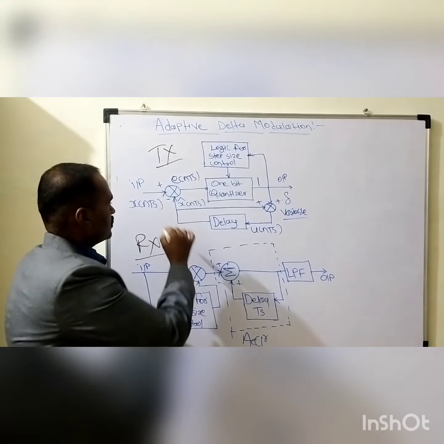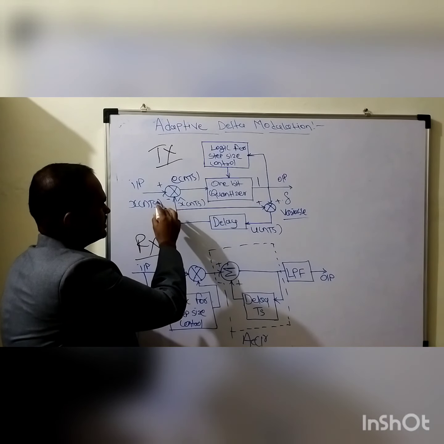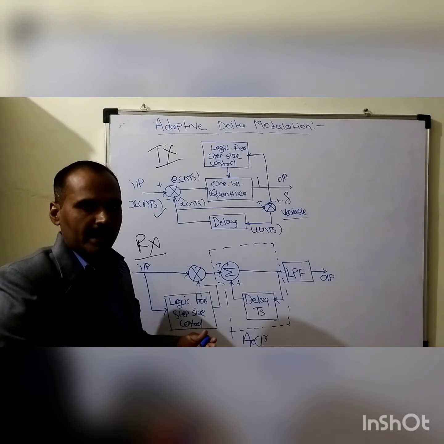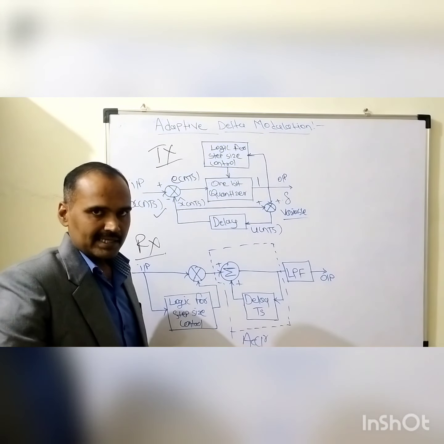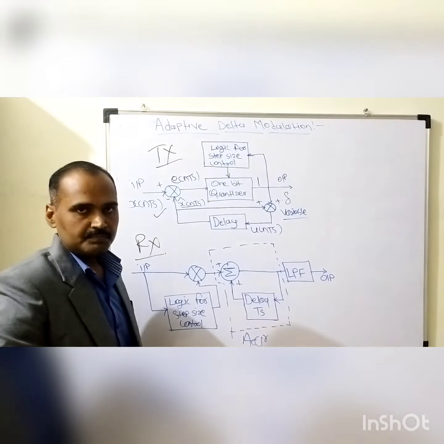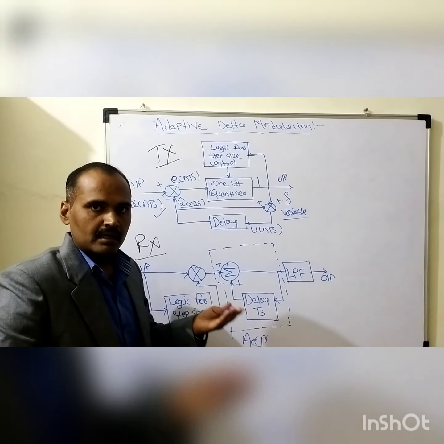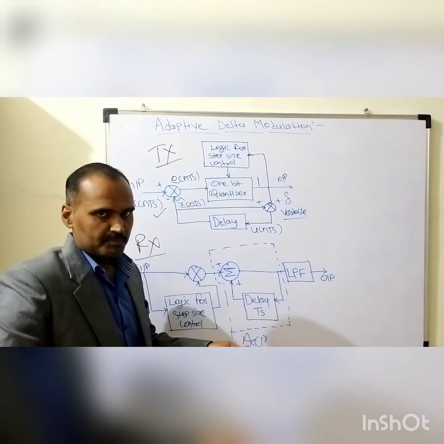So let us quickly go through this first comparator. This comparator consists of two inputs, x of nTs and x cap of nTs. So x of nTs is the unquantized sample signal which was given by the sample and hold circuitry, and x cap of nTs is the approximated signal, meaning the present approximated signal or the past approximated signal.